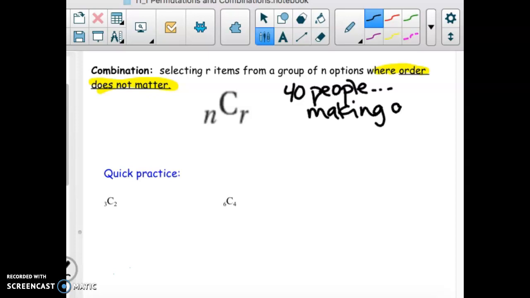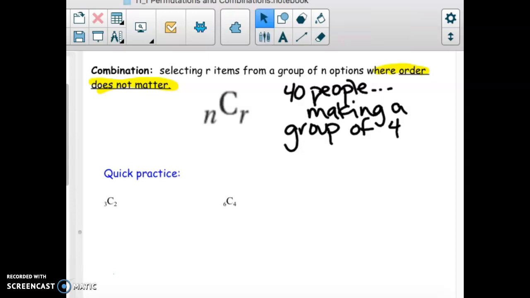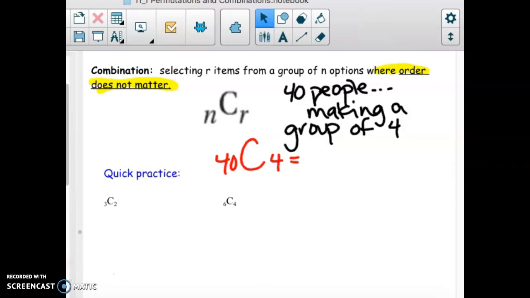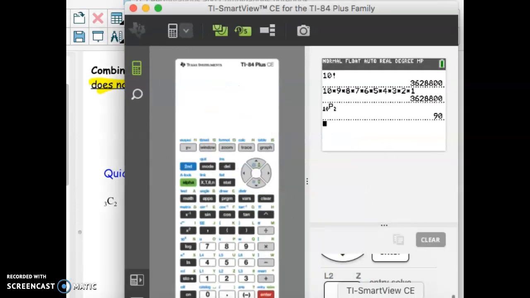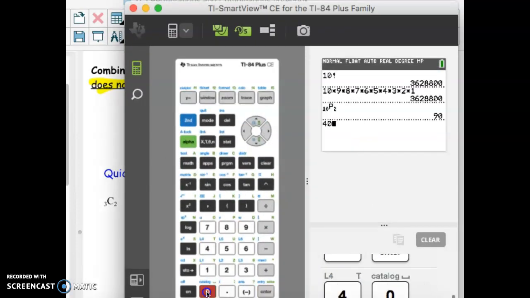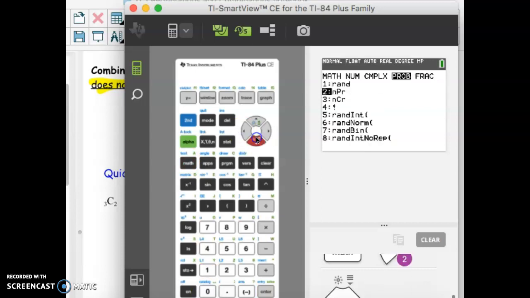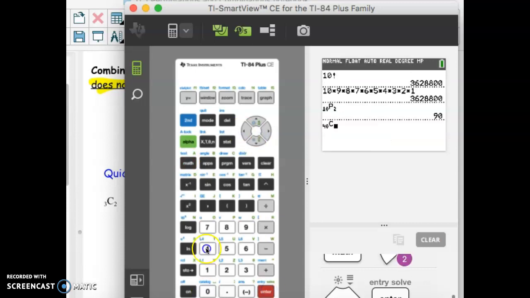Now it doesn't matter who gets picked first in the group, because all 4 of them will be together, working together. And so we would type in 40 first, and then the nCr function, and 4. It lives in the same place as the nPr, so the difference between these two is whether order matters or not. Go over to probability, nCr. And then the smaller number comes second.